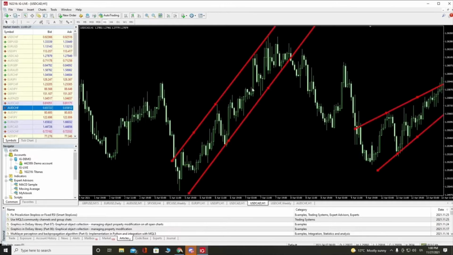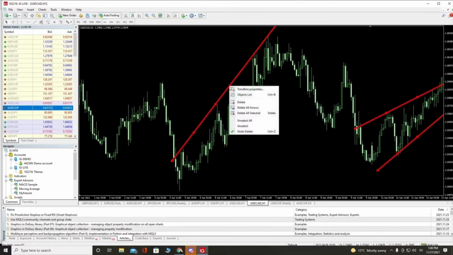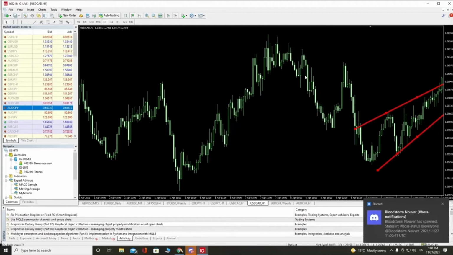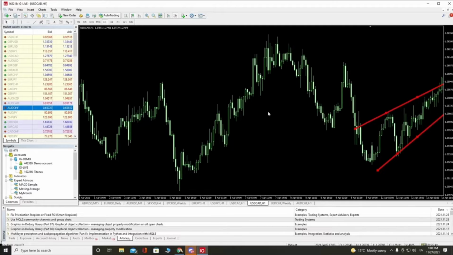Let's go on the USD CAD. Now, again, because I have drawn this line, your brain creates a channel. You can adjust the channel. So if I delete the lines completely, it doesn't look like a channel at all. But this is the hindsight. This is the problem when you're trading.